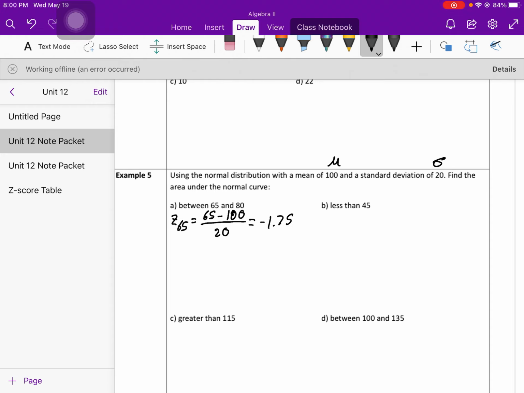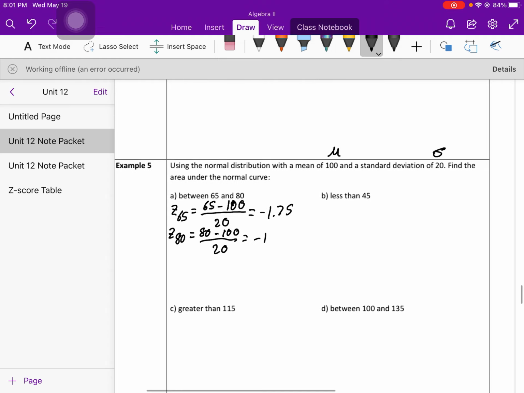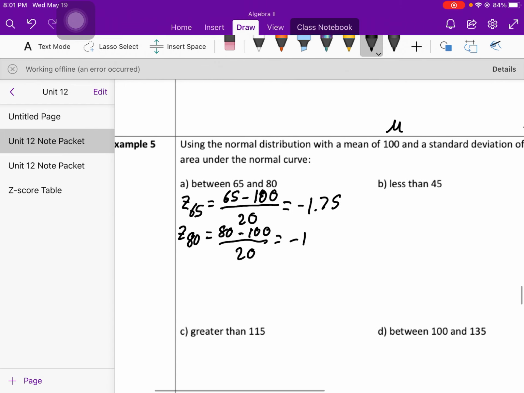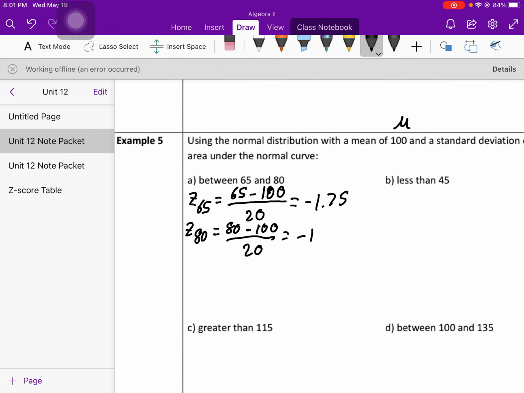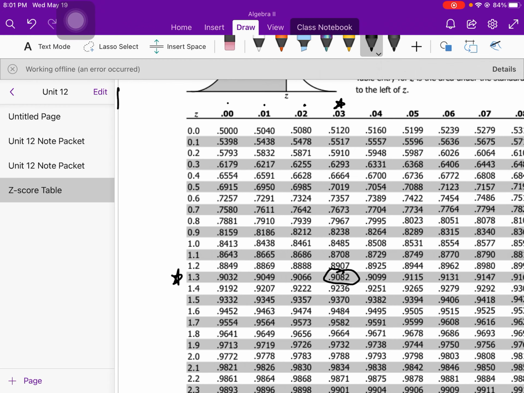And that comes out to negative 1.75. Then I'm also going to calculate the other one just to save some time once I go to the table. So that's going to be 80 minus 100 divided by 20. And that comes out to negative 1. So we need to find the area for both of these, negative 1.75 and negative 1.